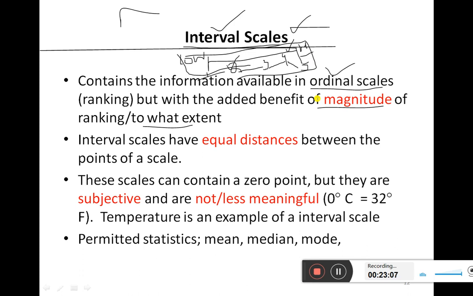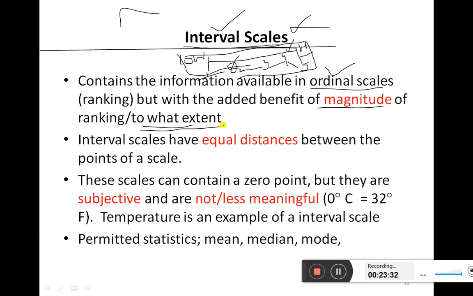Interval scale simply means that it depends on the order, it depends on the category, but it also explains how much one category is superior in magnitude to another category, or to what extent one category is better than another category.